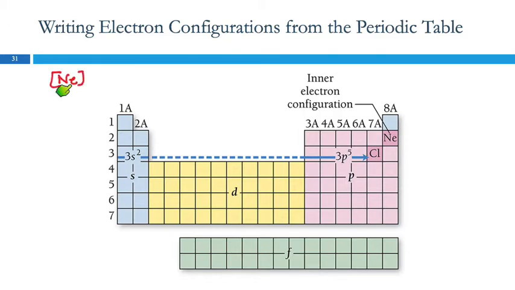That stands for the electron configuration of neon. And then I'm going to go past that, and here I am. This is the third level, and 1, 2. 1, 2. So 3s has 2 electrons. And then I'm getting over here, and I've got 1, 2, 3, 4, 5. The 3p has 5 electrons.